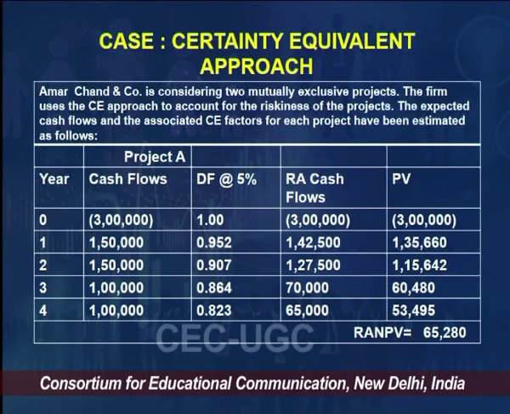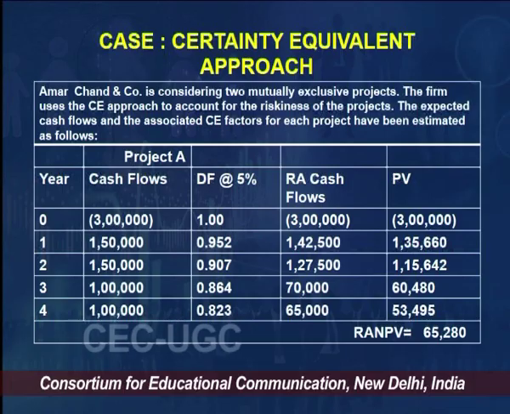So, 0.952, 0.907, 0.854, 0.823. These are the factors you will find in the table. So, in this step you will note down the factors in one column, and then what is the next step?